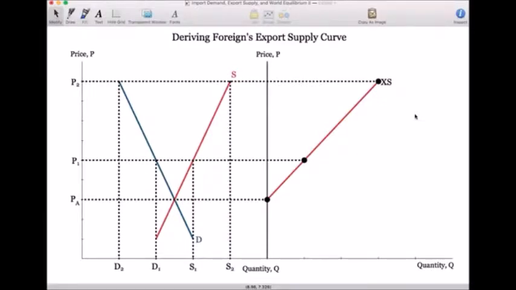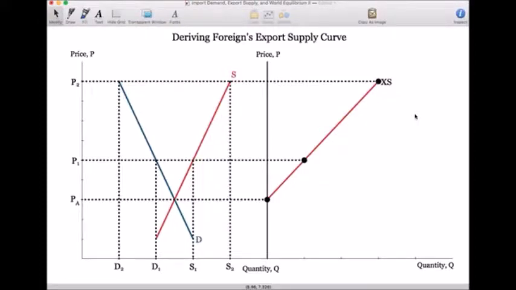So we realize that what we did here is we started at a point where the world equilibrium price was equal to this foreign country's domestic market equilibrium price. When they are equivalent, they have no export supply. The domestic quantity demanded is exactly equivalent to the domestic supply.